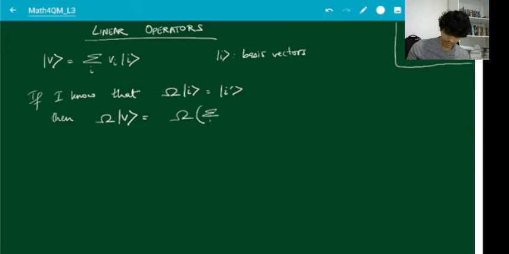is just the summation over i of vi times |i>, but the vi's are just some numbers and omega is a linear operator, so I can pull the numbers out.